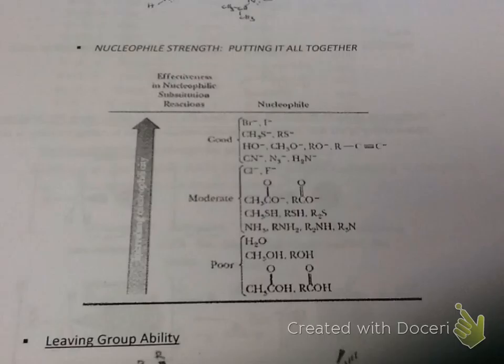Not good nucleophiles. So if we look up in the good category first, let's concentrate on that. Let's look at the first line. The best nucleophiles here are the least electronegative, and they are the largest: iodide and bromide. Iodide and bromide are very fast reacting nucleophiles. Then, also just below that, but also fast, are your sulfides.